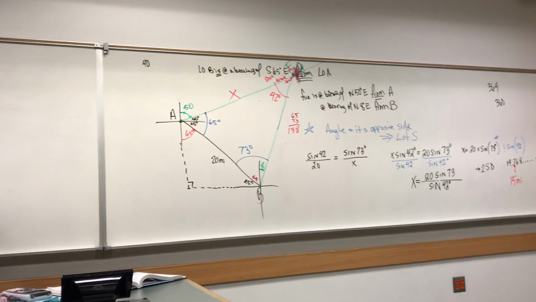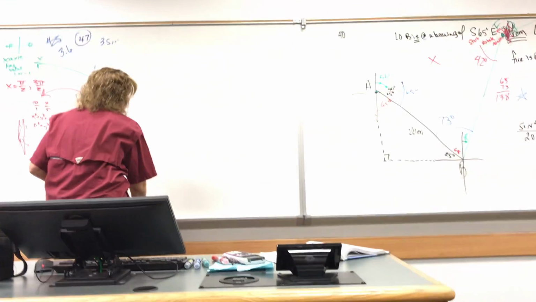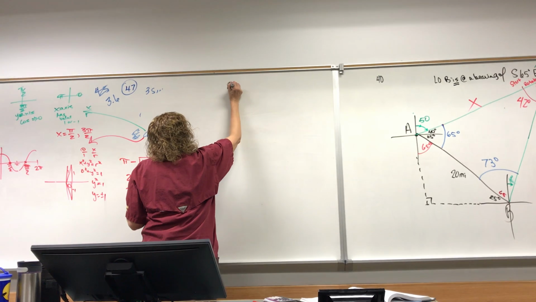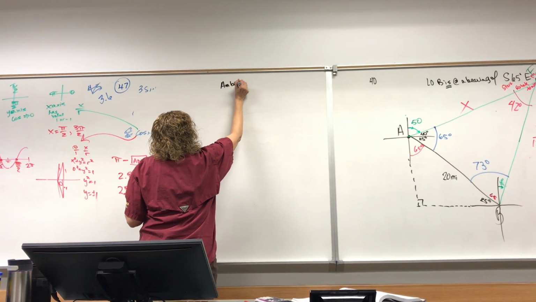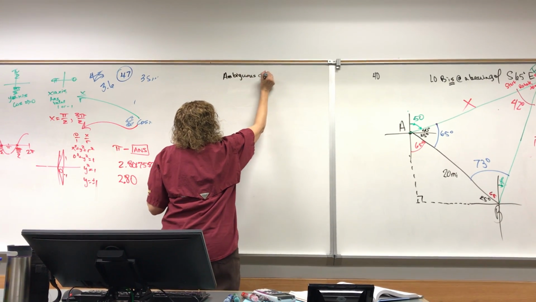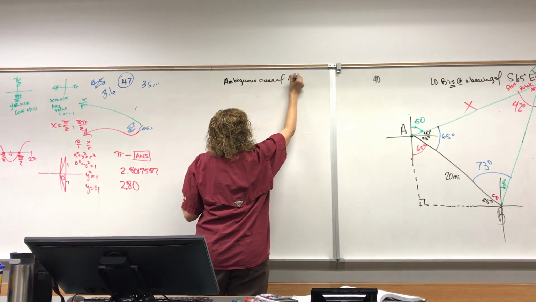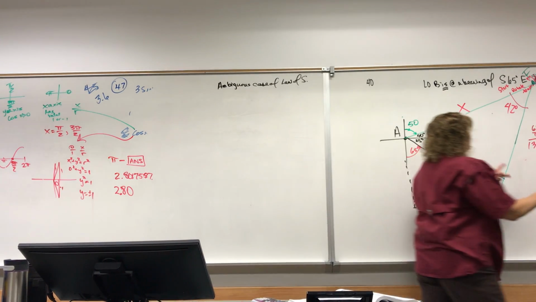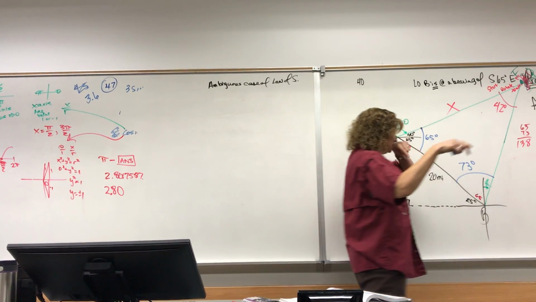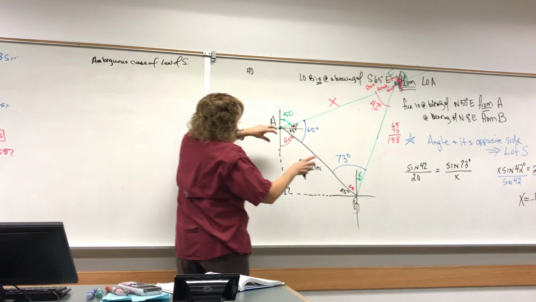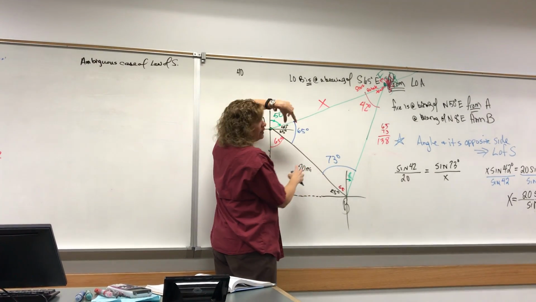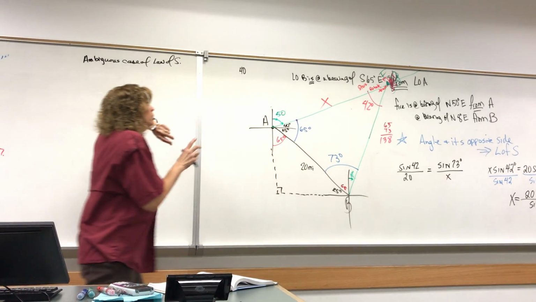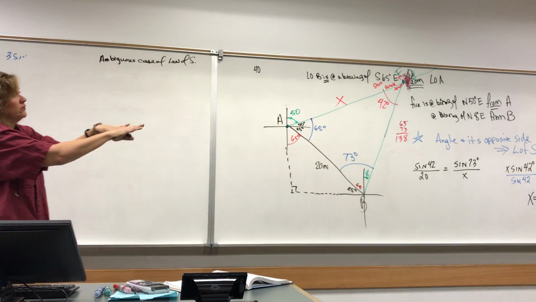I just want to help you visualize the ambiguous case of law of sines. If you have 2 angles and a side, just like Sawyer mentioned, and actually any 2 angles and any side, it works when you're solving for a side length.